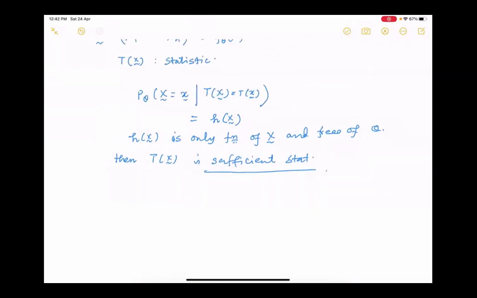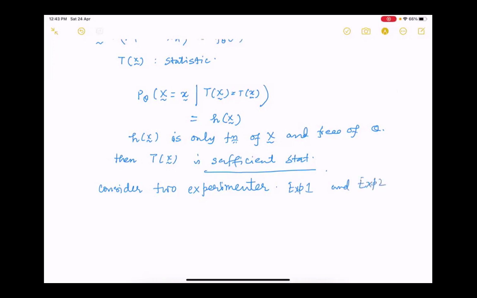Consider two experimenters, experimenter 1 and experimenter 2.